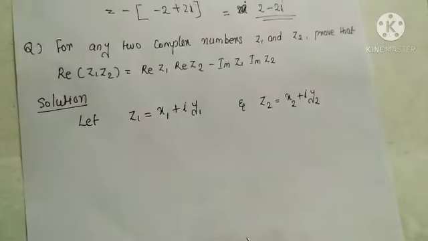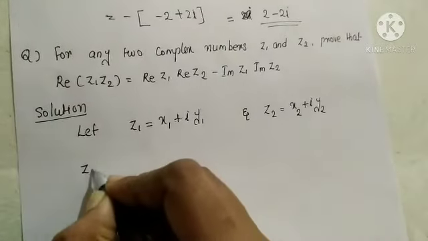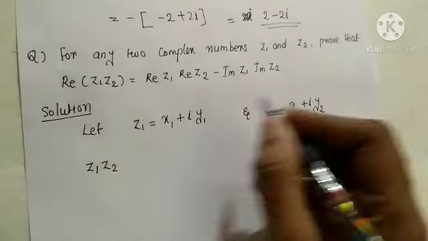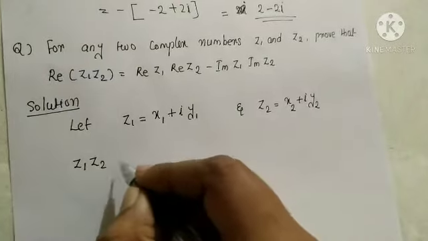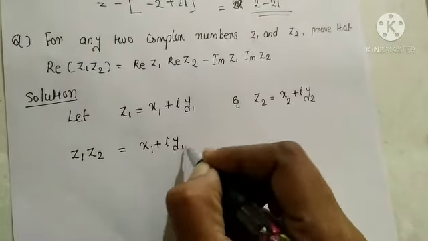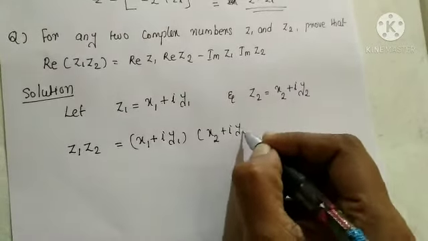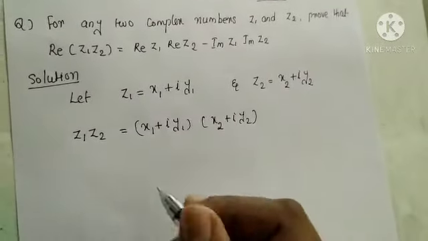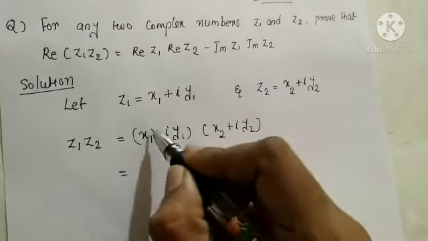Okay, so next I am going to multiply these two complex numbers, that is z1 z2 is equal to x1 plus i y1 into x2 plus i y2. Okay, this is equal to, I am going to multiply.